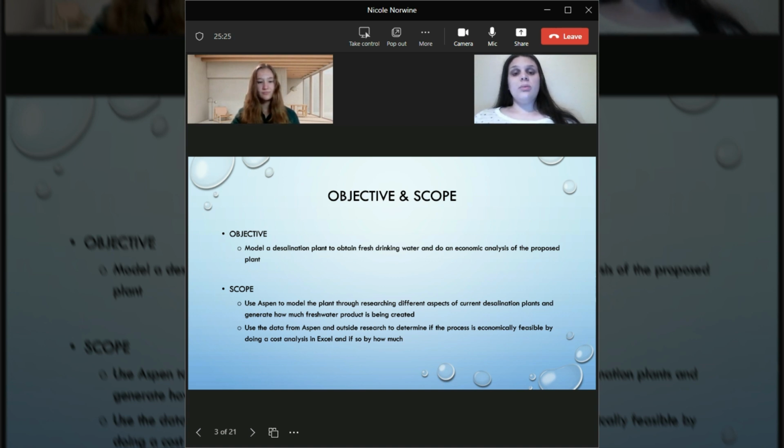Our scope is to use Aspen to model the plant through researching different aspects of the current plants, and to generate how much fresh water is being produced as the product. Then we were going to use the data from Aspen and outside research to determine if the process is economically feasible, which would be done by doing a cost analysis in Excel. And if it is feasible, we wanted to know by how much.